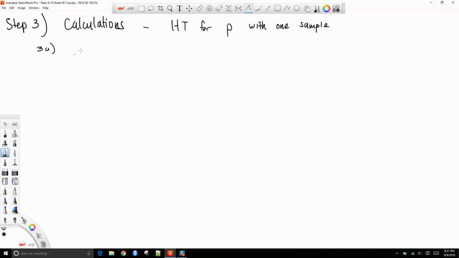Part 3A will be to find the standard error. So the standard error is equal to the square root of p0 times 1 minus p0, divided by n.